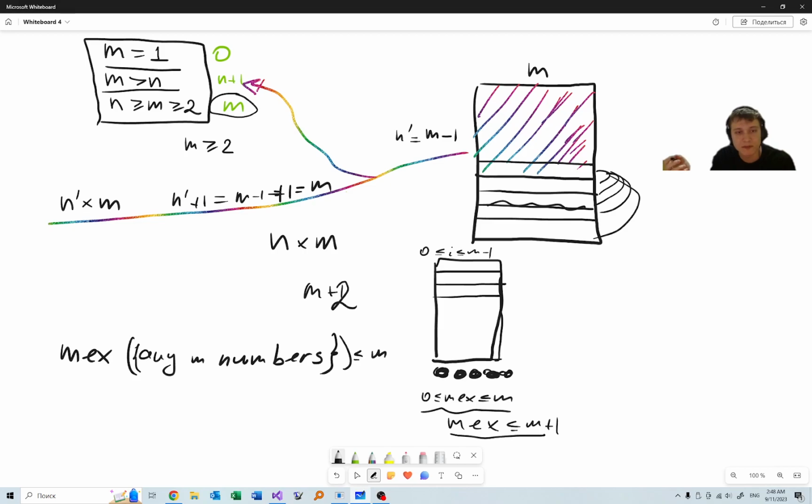The minimum excluded number cannot be greater than m if you have just m numbers. You definitely exclude something less than m plus 1. So you cannot get any better than m, and here I showed you how to get m.